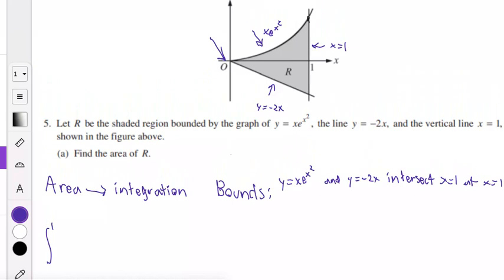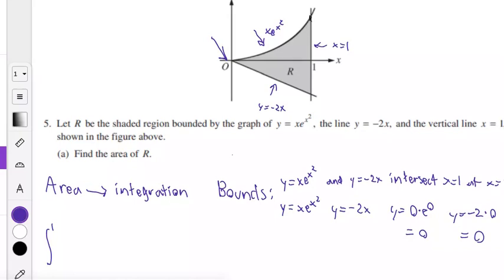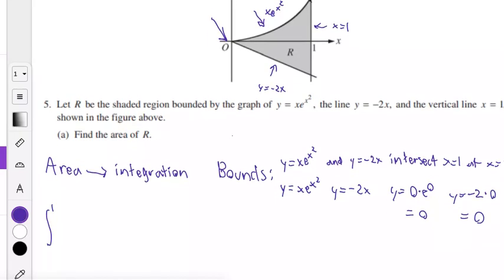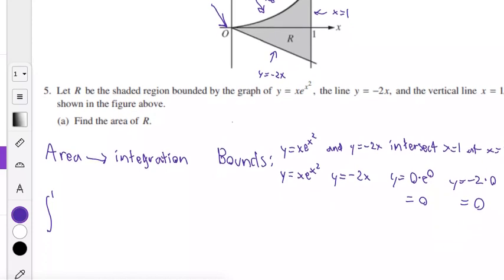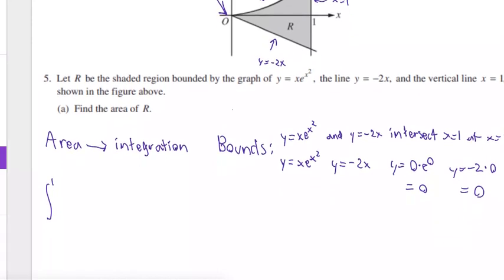However, it doesn't tell us in the question anywhere that they do intersect at the origin. So I'm going to check that they do by plugging in x equals 0 into both equations. Both give you 0 when you plug in 0. So they do in fact intersect at the origin. This means that our bottom bound of the integral will be 0.